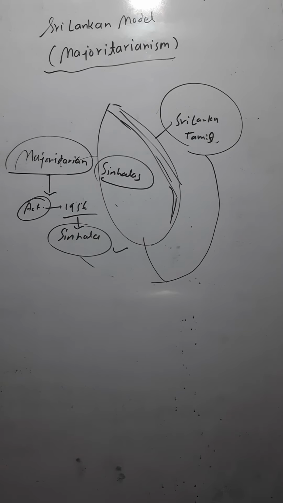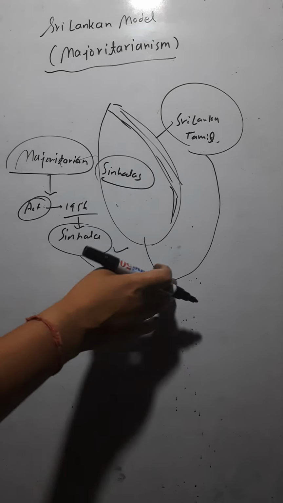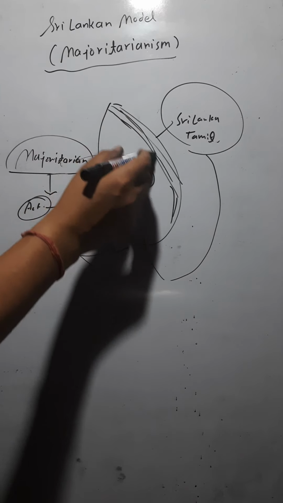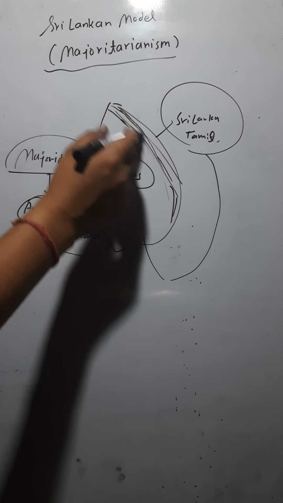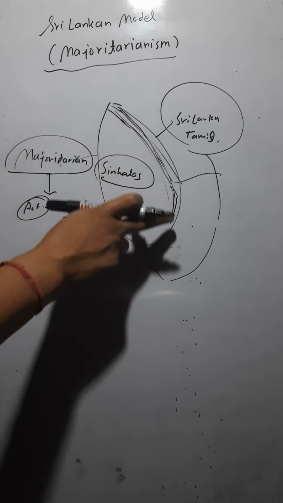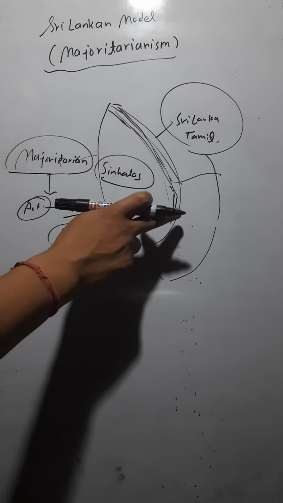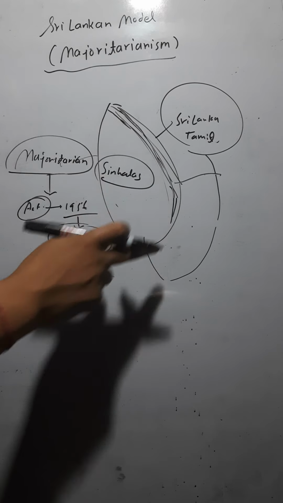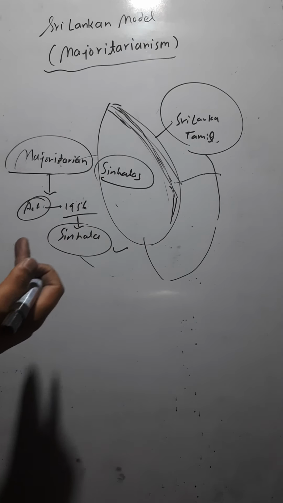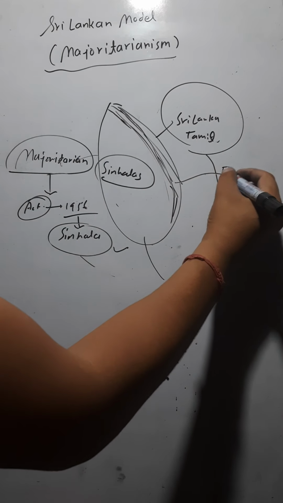Yes. That is why they started demanding a separate region, the region where the Sri Lankan Tamils were living. They started demanding total autonomy over the northeastern part of Sri Lanka, a separate state or region for them, known as Tamil Eelam.